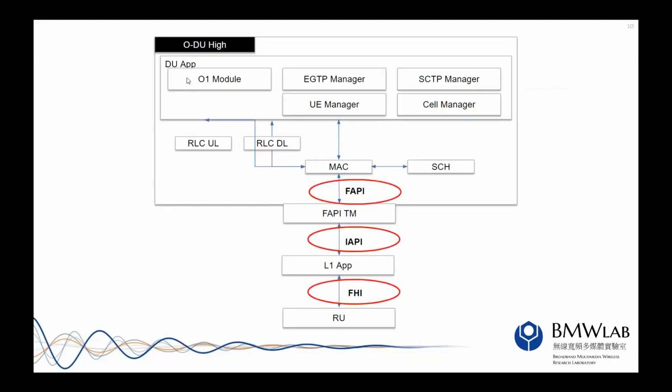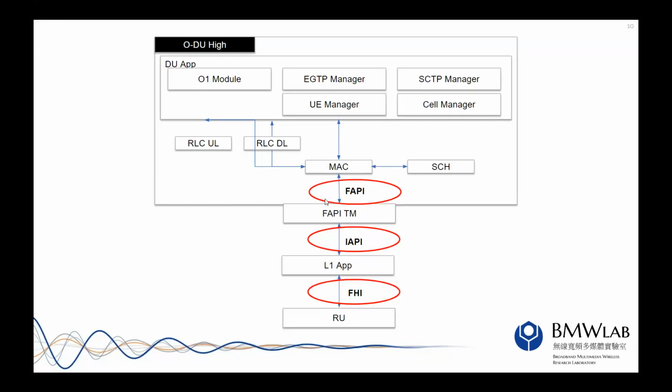So let's move on to the interface part. For the lower part, we can see MAC connects to the FAPI TM, whose whole name is translator module, by the FAPI interface.